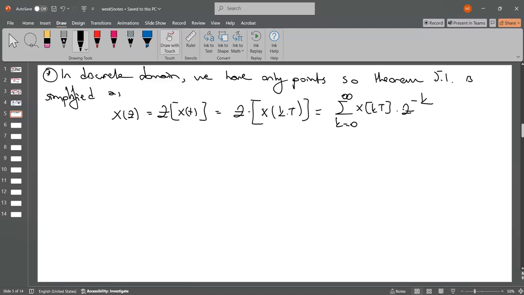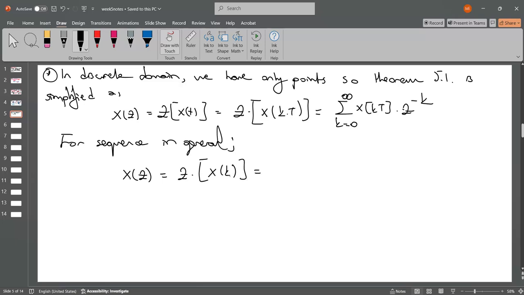Okay? And so, for the sequence, in general form, we can remove the T, the sampling period, right now, because the sampling period is constant. It's not changing in time, right? And so X(z) equals, right now x(k) can be written in here because T is a constant term.